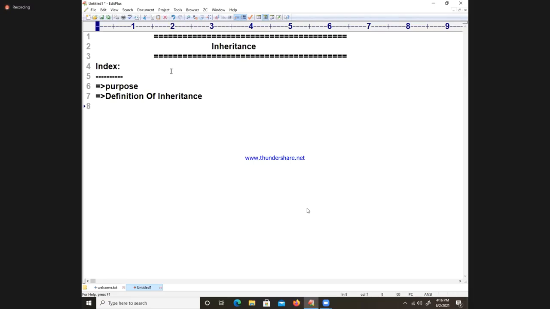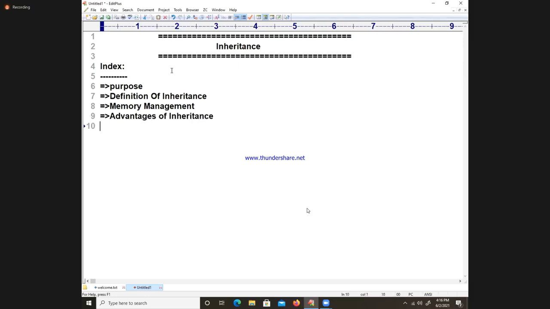Next, memory management followed in inheritance, and then the advantages of inheritance. It is very simple for you. Next, we are entering into types of inheritance.